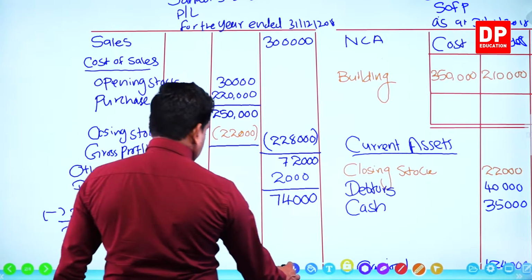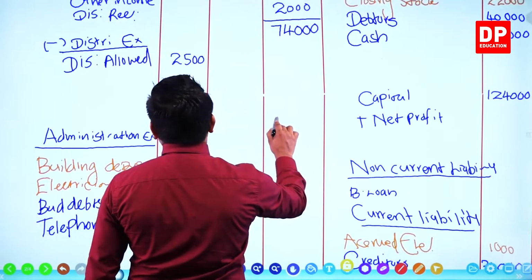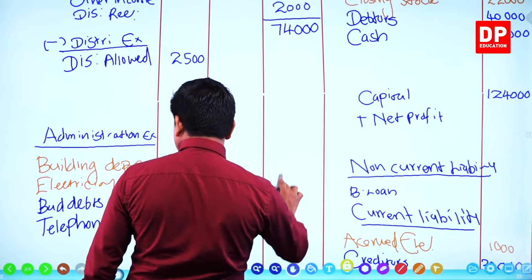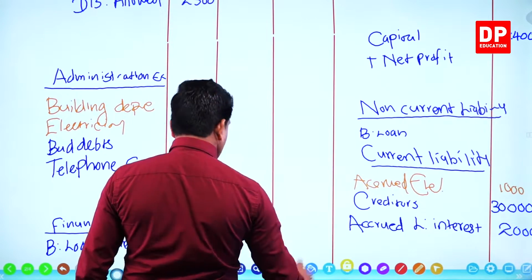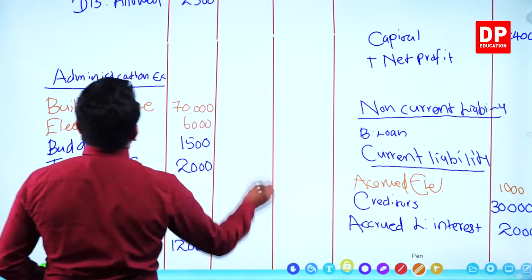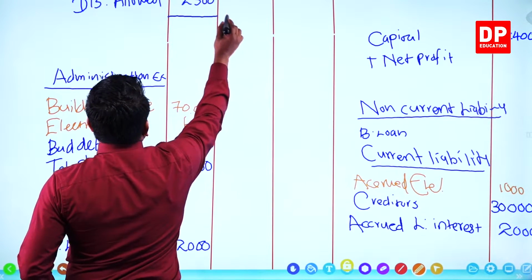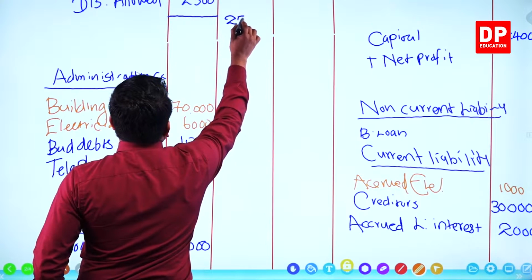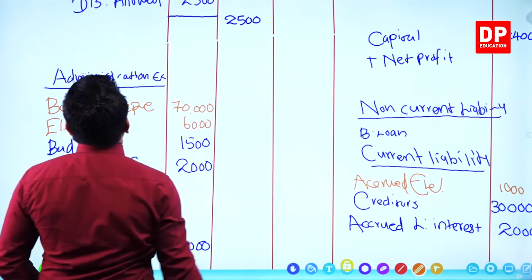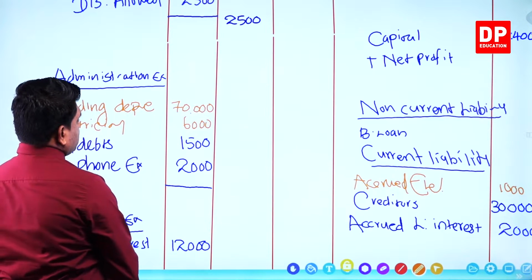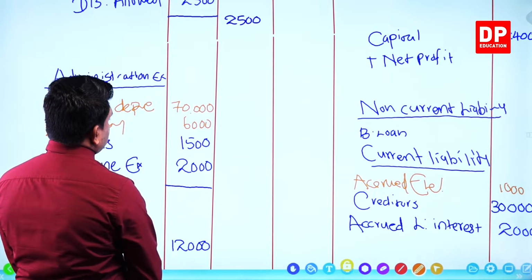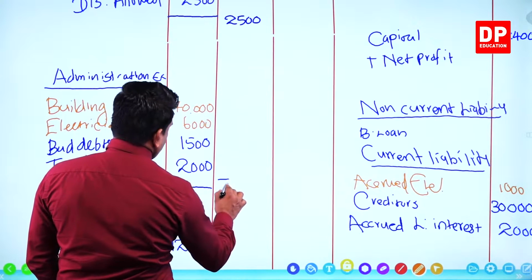Then you can add the expenses. Discount allowed only one, not the 2,000, 2,500, right? Then you get the total of this, 79,500. Check, is it correct or wrong?